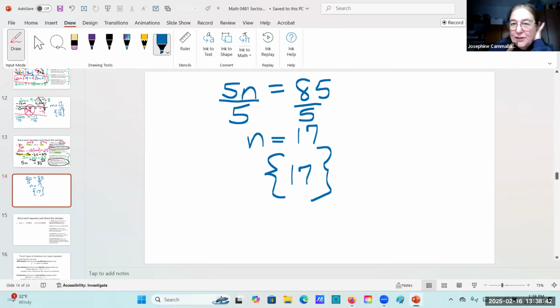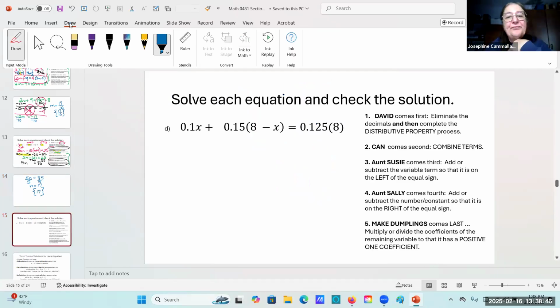Now, let's do another one just so you understand decimals. This is a term. This is a term. This is a term. The first thing we're going to do is eliminate decimals.